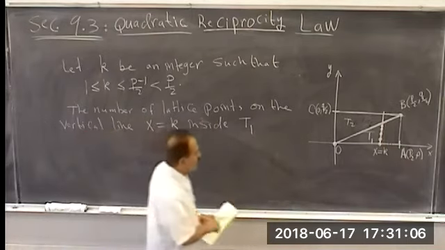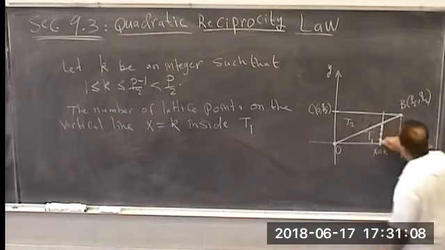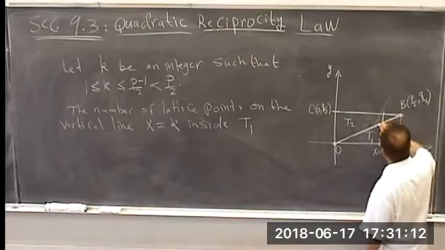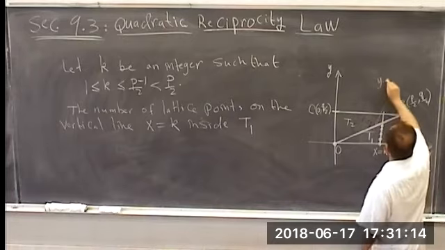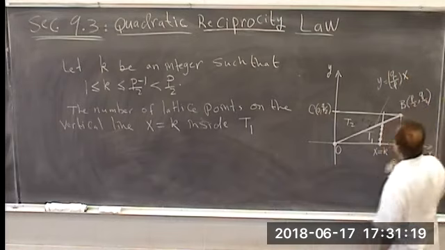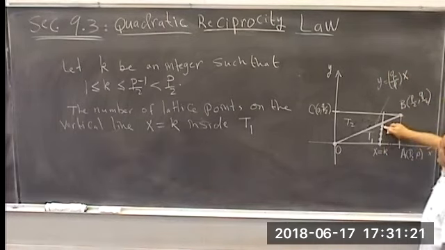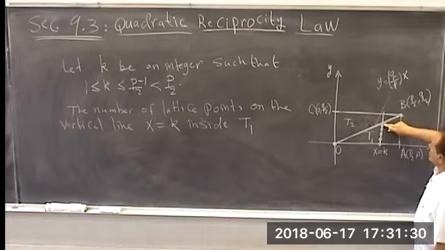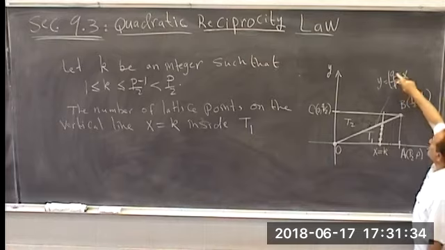All right? So for a particular one, remember that the equation of this diagonal is y equal q over p x. So one of the highest values is when you plug in k here, and you want the highest integer that is less than or equal to q k over p.